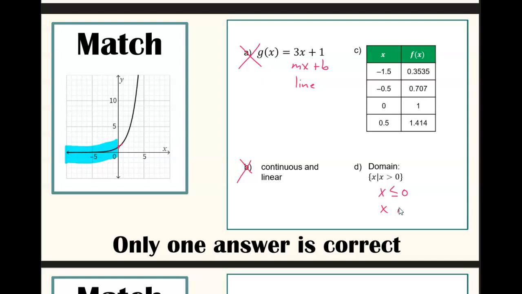It's X is all real numbers. So this is not correct because X can be other numbers than just the ones greater than 0. C is our answer here.